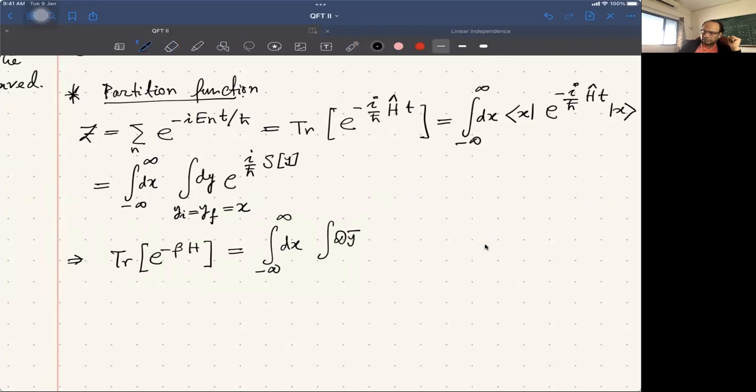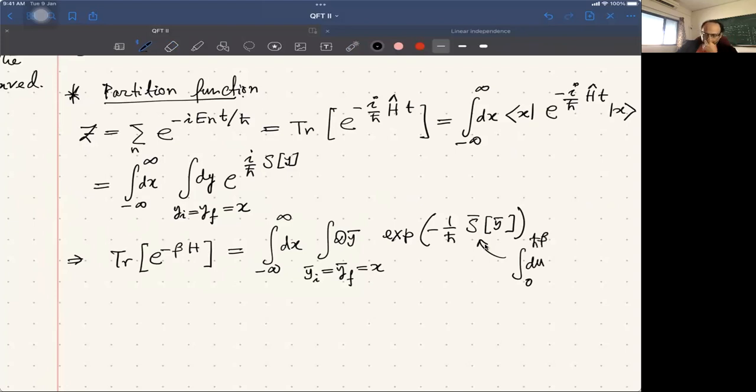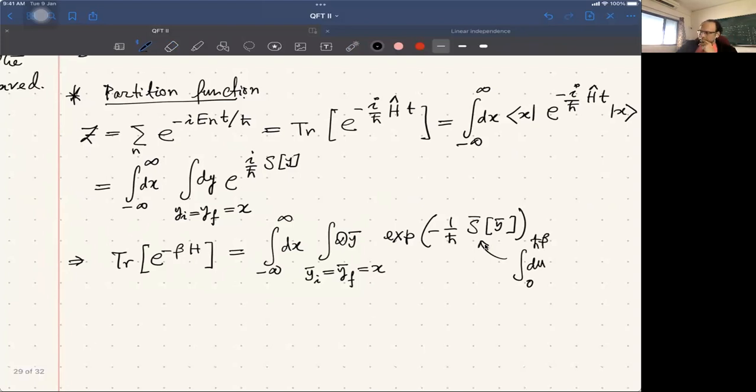Now I'm writing the Euclidean path integral, y bar i equal to y bar f equal to x, exponential minus 1 over h bar S bar of y bar, where S bar of y bar is nothing but integral du from 0 to h bar beta of L bar.